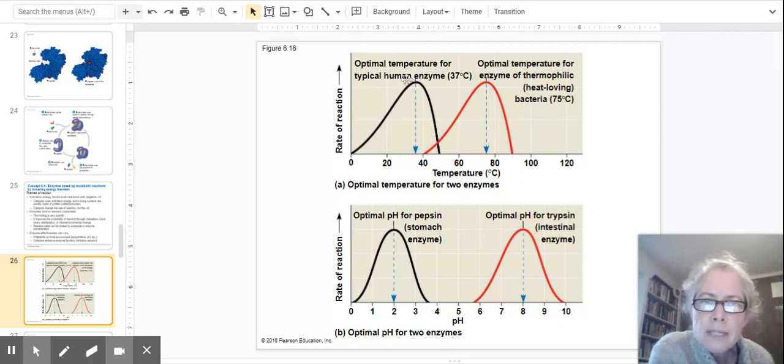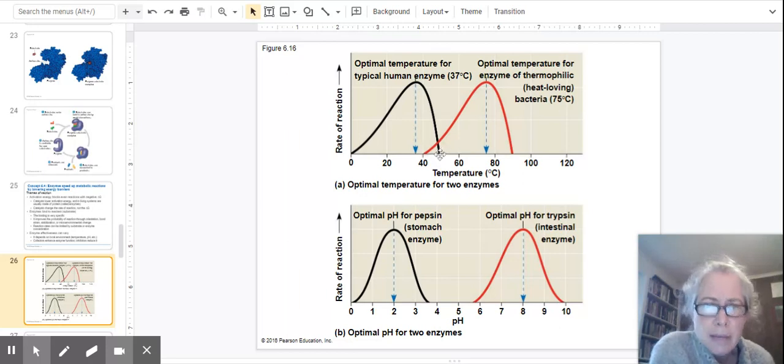But what we know is that as temperatures get colder, the ability of the enzyme to catalyze the reaction declines, and that's simply because everything goes slower as temperatures go down because molecules don't move as fast. But on the other side of that curve, it's not the same. It's not a mirror image because temperature actually denatures proteins, and so there's a much more rapid and sudden decline in the functionality of enzymes above that temperature.